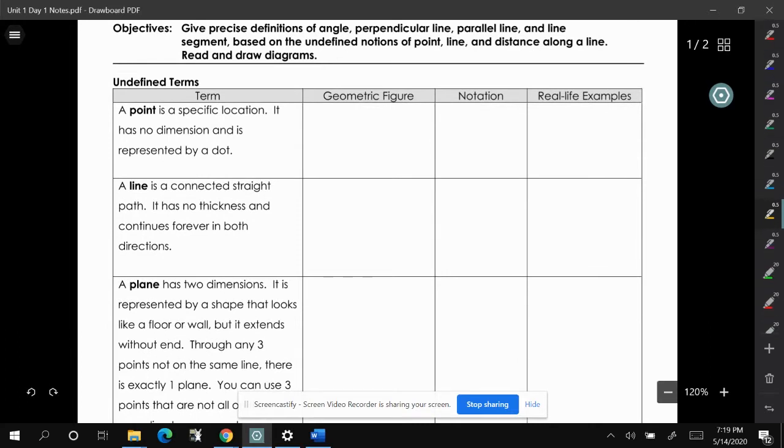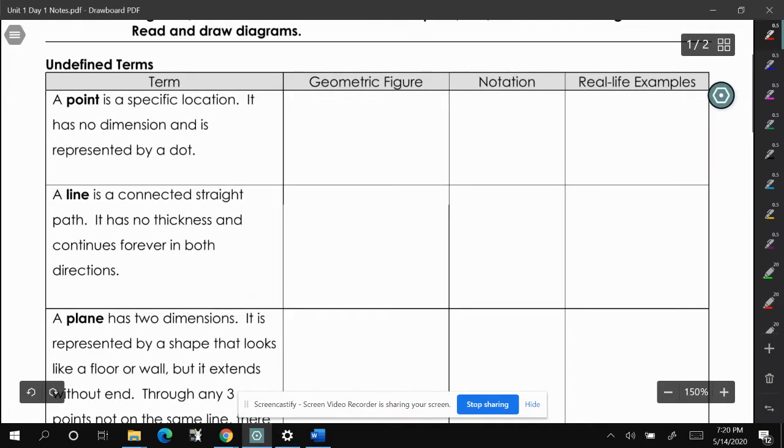The reason they are undefined terms is because there's really no way to define them without using the word itself. So a point refers to a specific location. Think of it as a dot. We'd have point A, point B, point C, point F. So the notation is a capital letter.